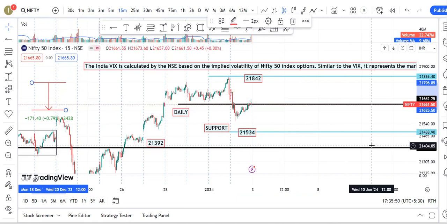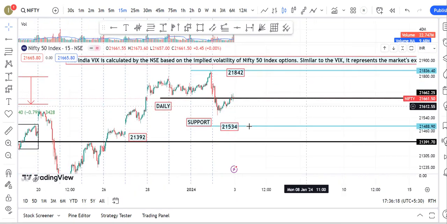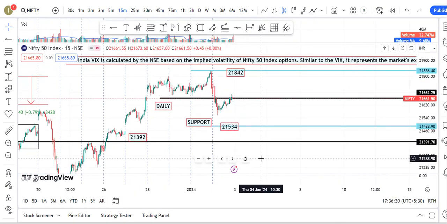Why I am looking at the India VIX is most of the traders trade on the options. The India VIX is calculated by the NSE based on the implied volatility of Nifty 50 index options. So it represents the market expectations of volatility.